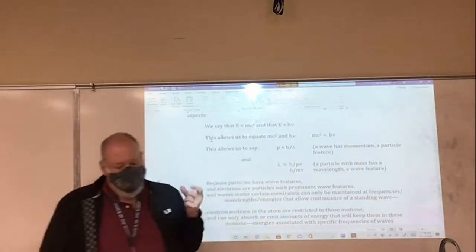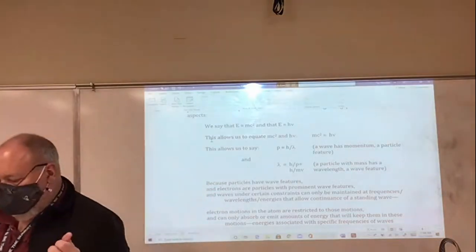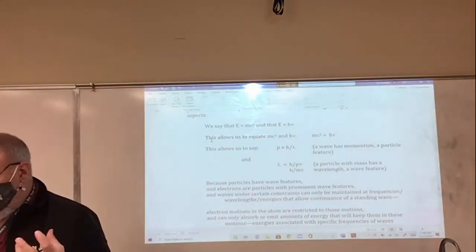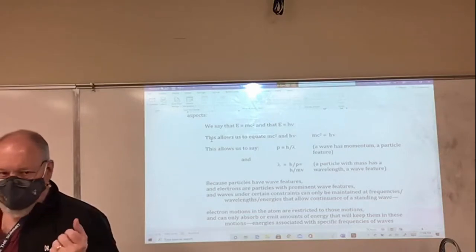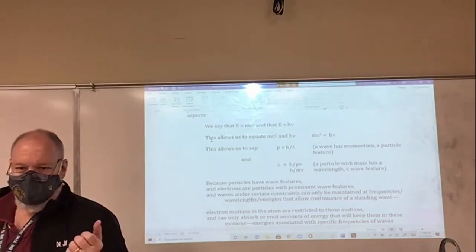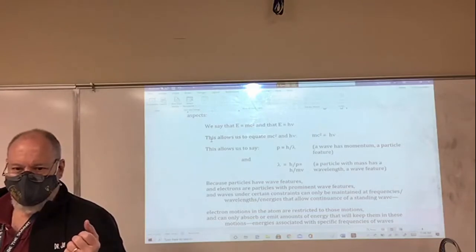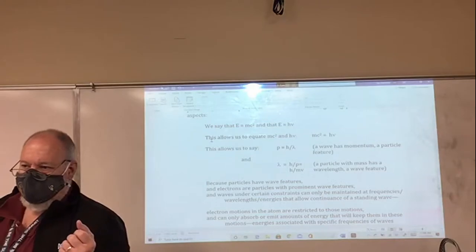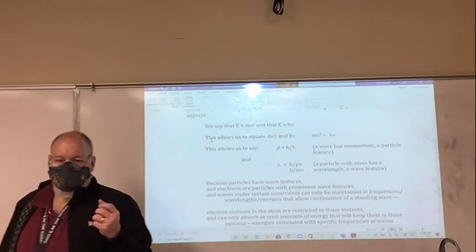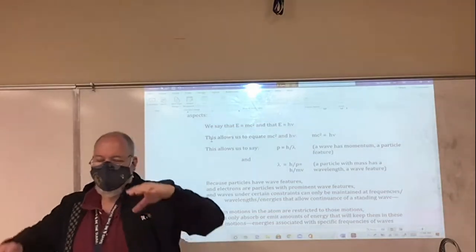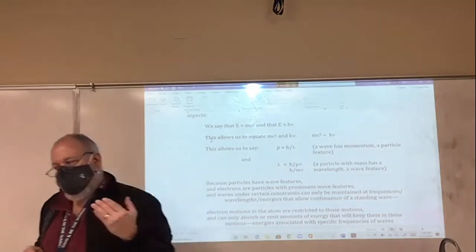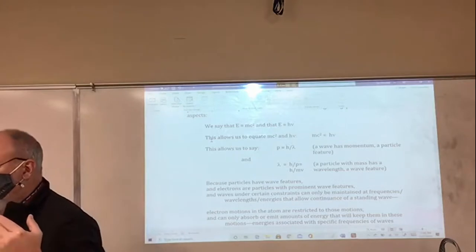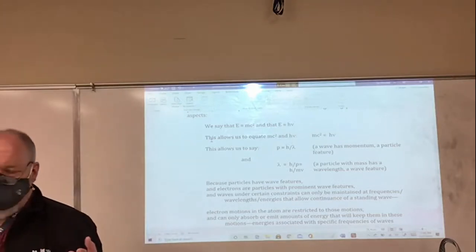What was the thing though about the wavelength of larger things that made it so that we don't see this wave motion? What was the trade-off between whether we were going to see the wave nature of something or the particle nature of something?